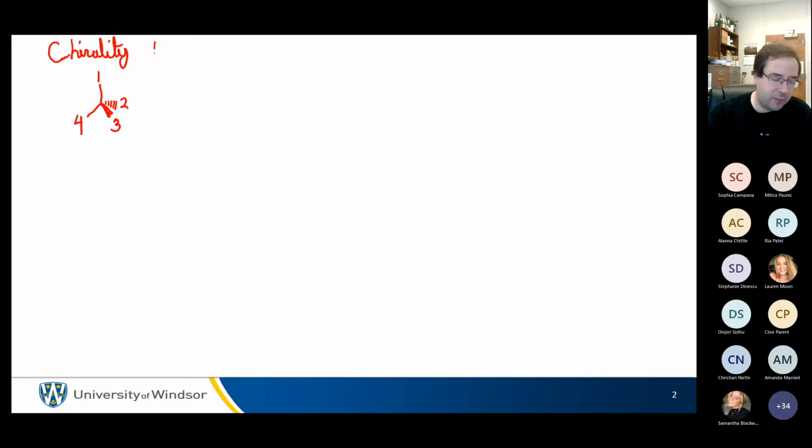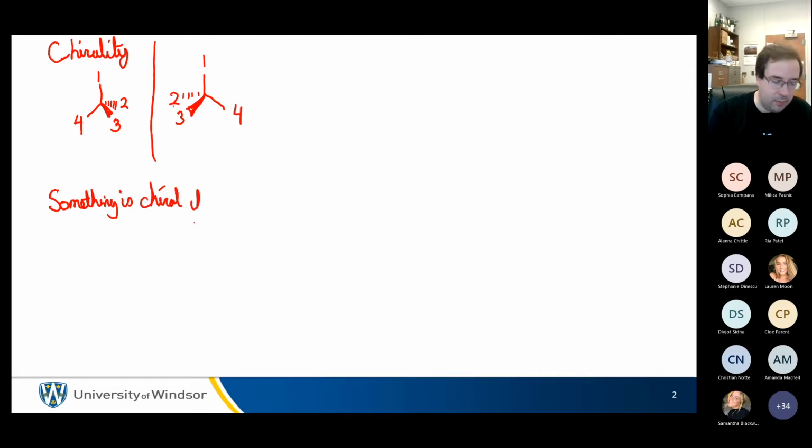So a technical definition for chirality is something is chiral if it has a non-superimposable mirror image.